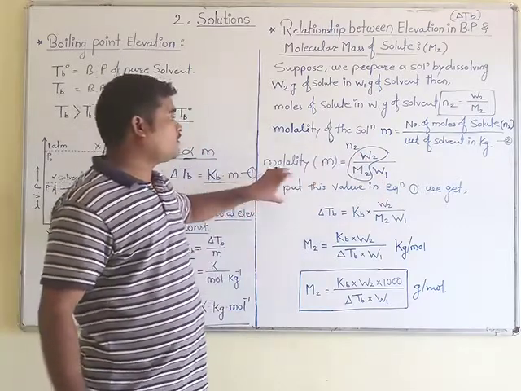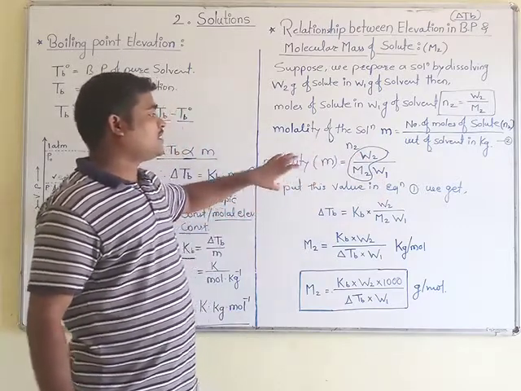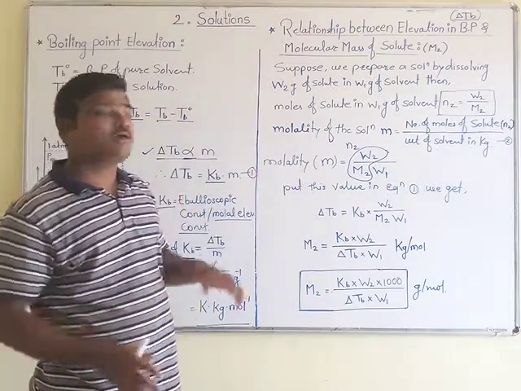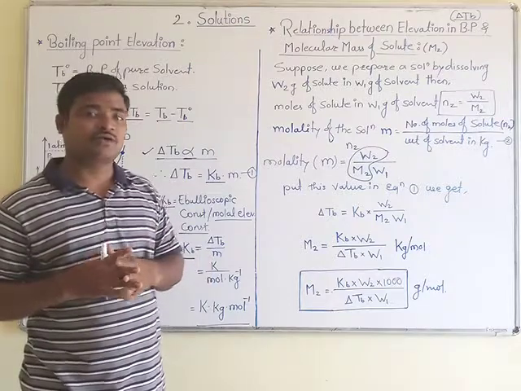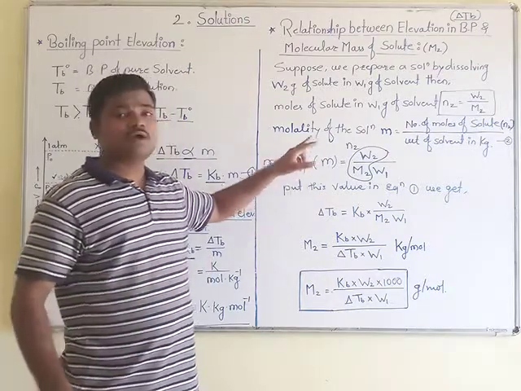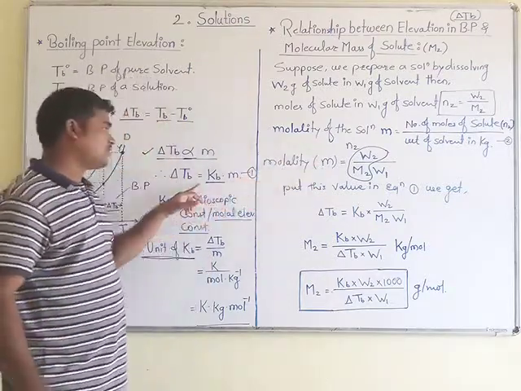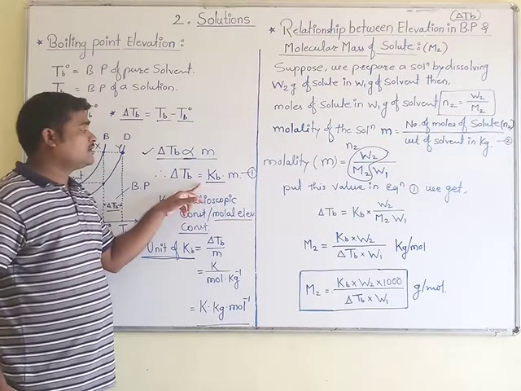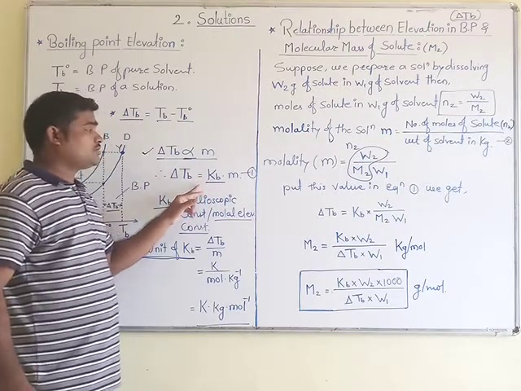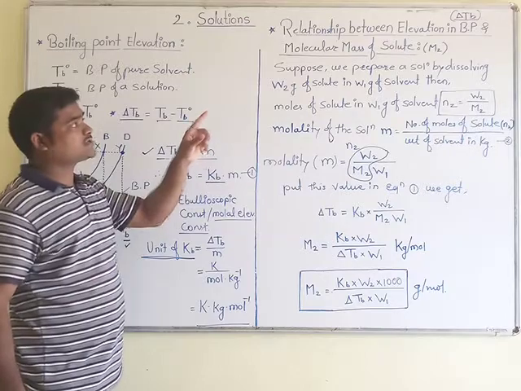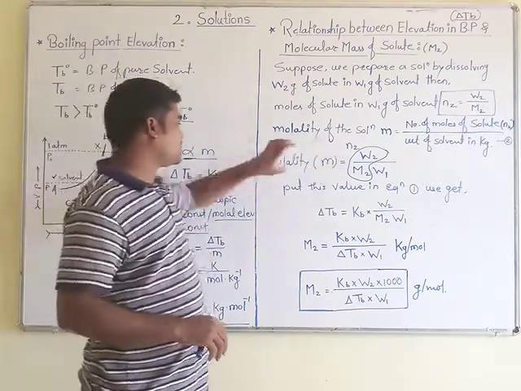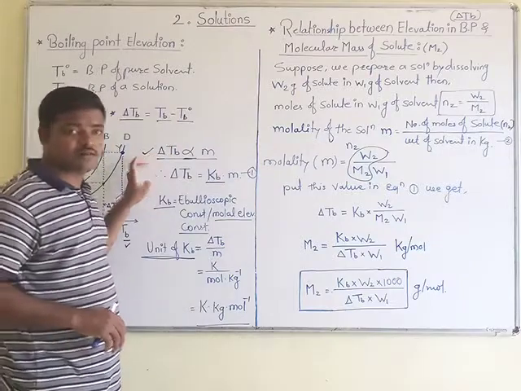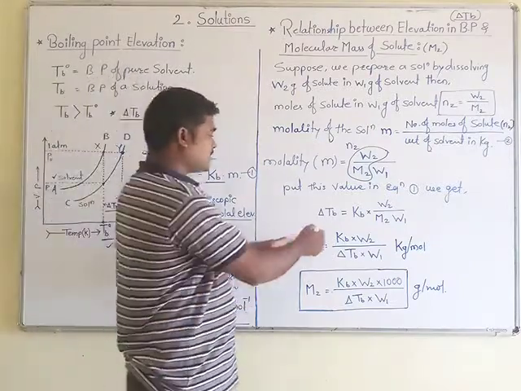Now we put this value in equation 1, because we have already got the value of m in the form of an equation. Substituting it in equation 1 lets us show the relationship between the molar mass of solute and delta Tb. So you will get this value.